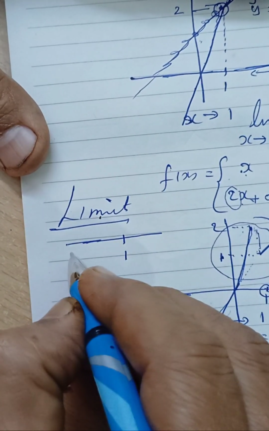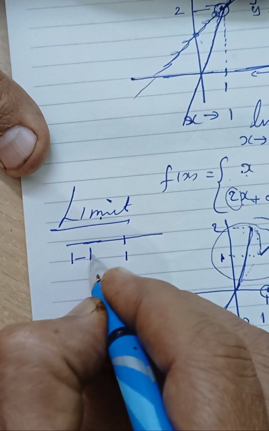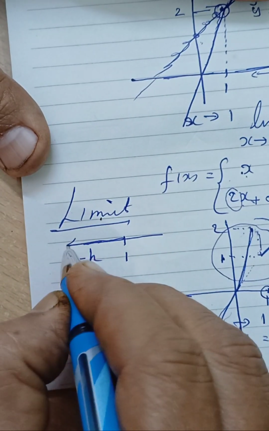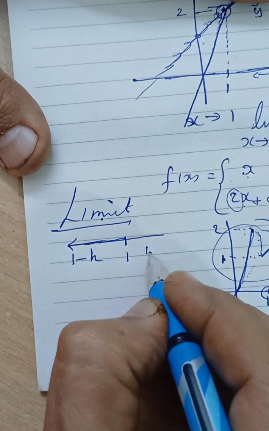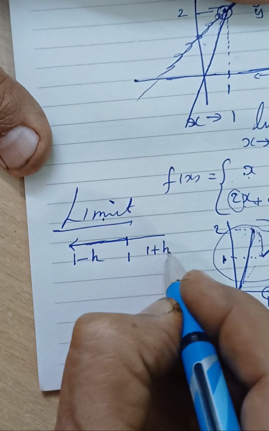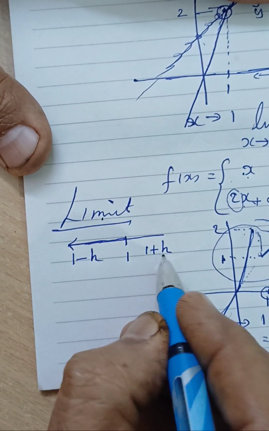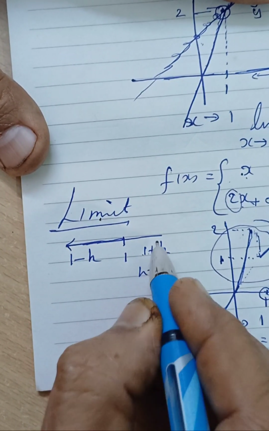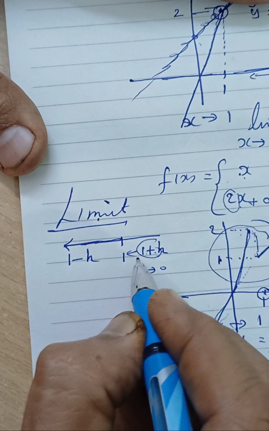So that is what we write as 1 minus a small value h. That takes a value to the left of 1. And a value to the right of 1 is generally indicated as 1 plus h. So h varies. Suppose h is going towards 0. Then this keeps declining, and this value will start moving towards 1.